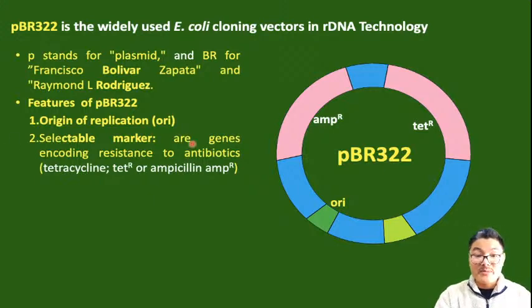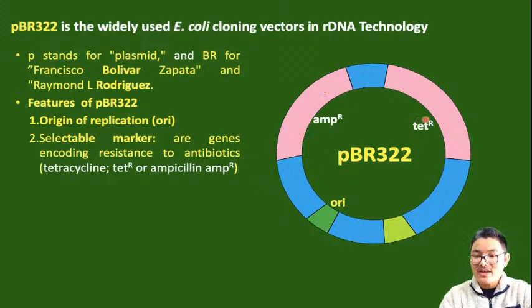So PBR322 also has selectable markers. It has genes like the ampicillin resistance gene and the tetracycline resistance gene. So we have two genes shaded here on this small circular DNA. One is the ampicillin resistance gene, and this gene produces a protein, and if this is present in a bacterium, it will make it resistant to ampicillin antibiotics.